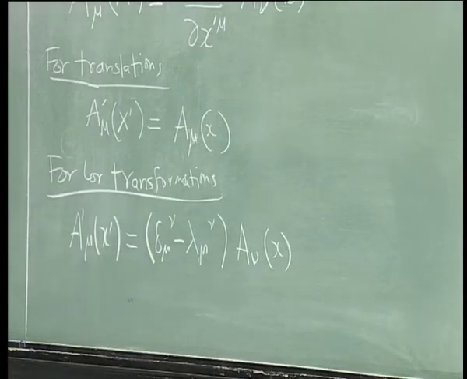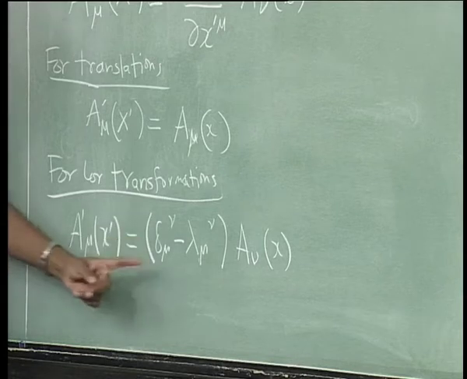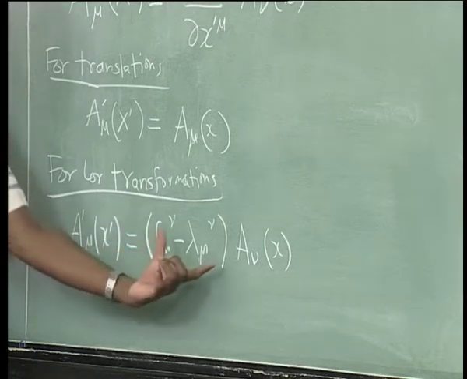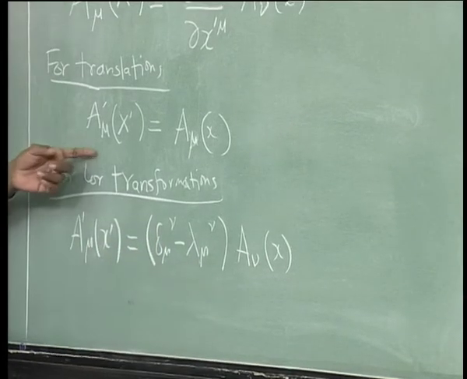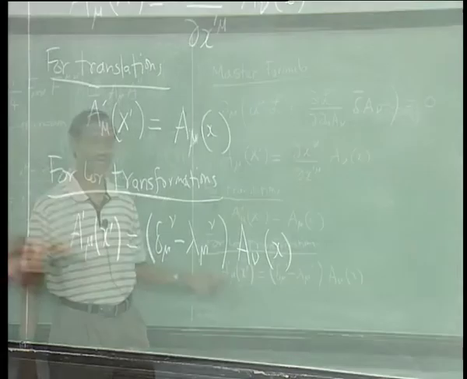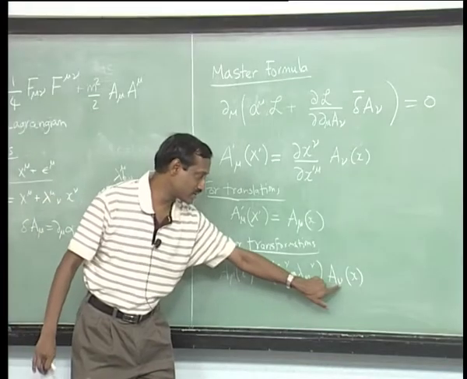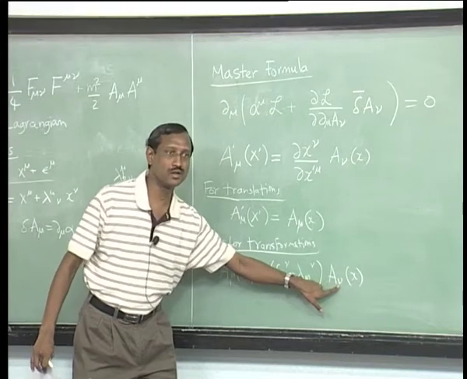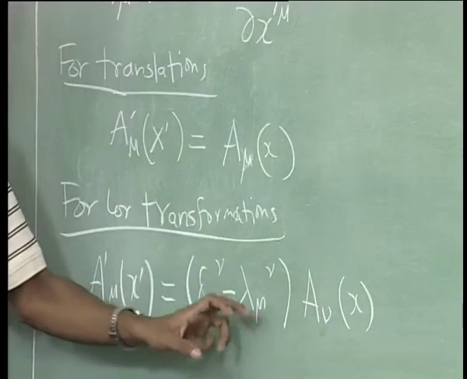So now you can see that this is the first time we are actually seeing something more than normal. This looks exactly like what you had for a scalar field, but out here the fact that this index transforms under Lorentz transformations shows up.